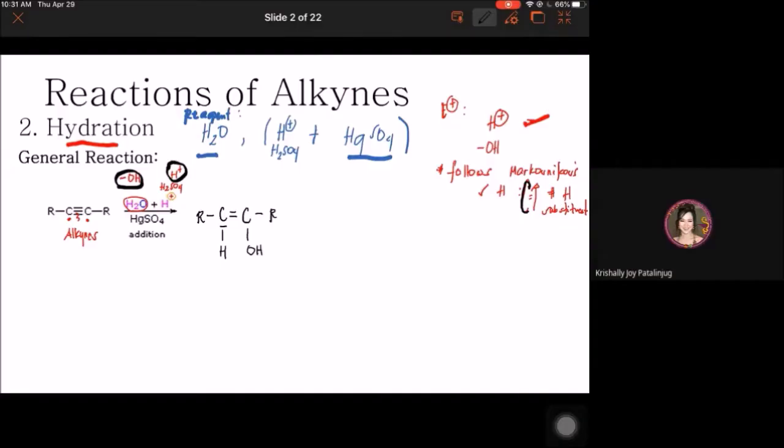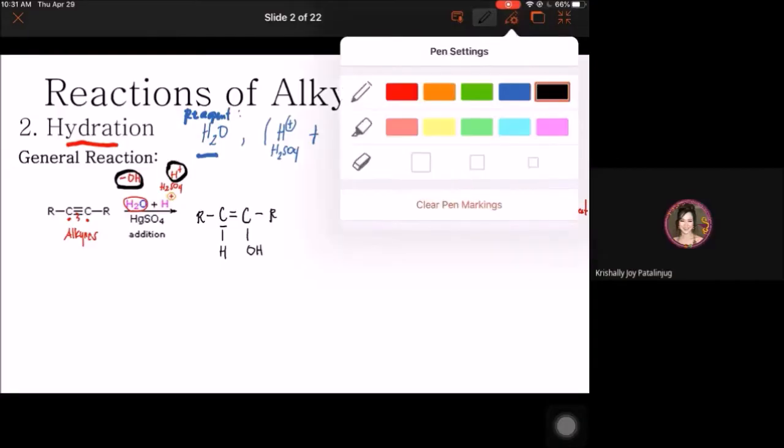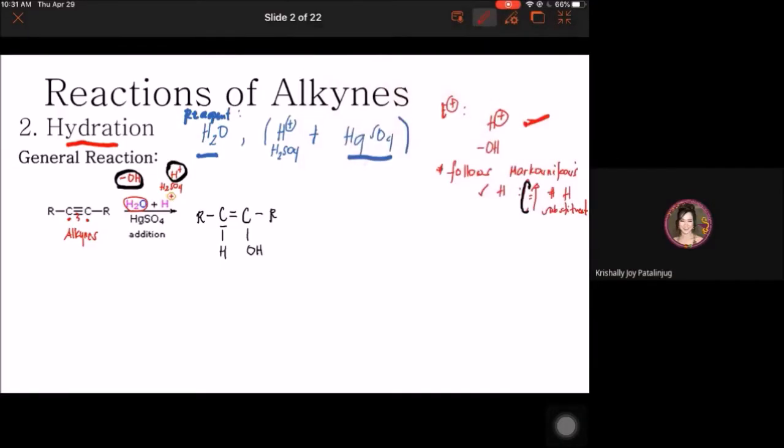So as you observed, what are the functional groups present in the intermediate product? You have a double bond, meaning an alkene, and you have an OH, meaning that functional group belongs to an alcohol, making it an enol. Again, the intermediate product for hydration of alkynes is enol, not yet the final product. Why is enol not yet the final product?